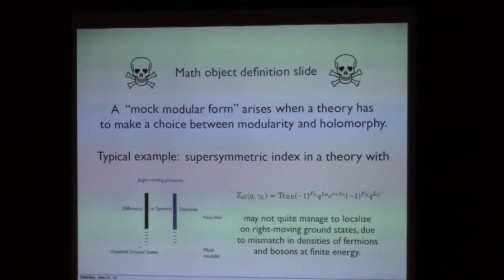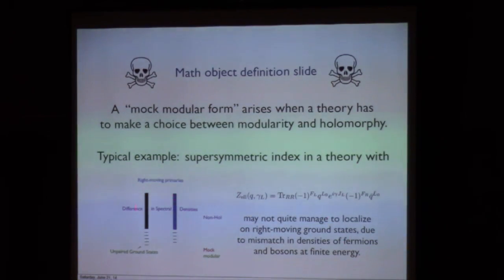So what is a mock modular form? Traditionally, mock modular forms arise when a theory has to make a choice between modularity and holomorphy. That's not exactly what's happening here, but this is where they've arisen previously in physics. So a typical example is if you compute a supersymmetric index, well, normally massive states cancel in a supersymmetric index. Like the elliptic genus is normally a holomorphic modular object.